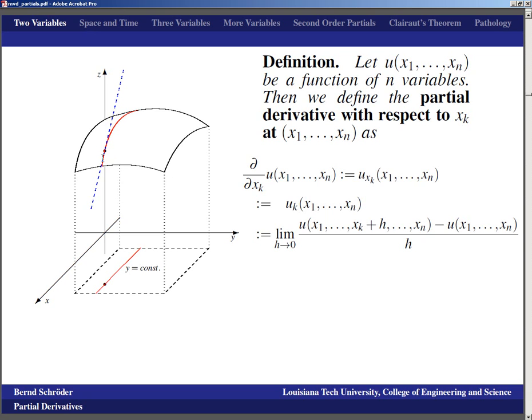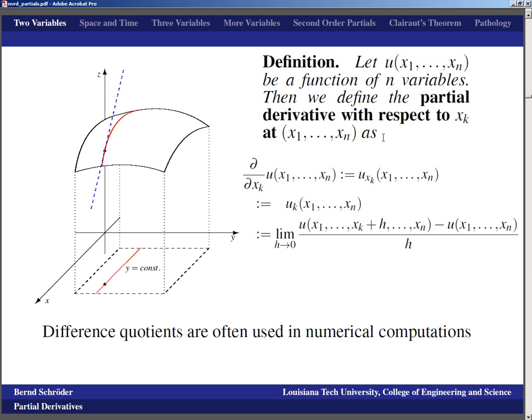We can see we get a difference that is negative, and by dividing by h, we get an average rate of change in that direction. And then as we let h go to 0, as we also have done in single variable functions, we get a limit, hopefully, and that is called the derivative. So the implicit assumption here certainly is that the limit exists.